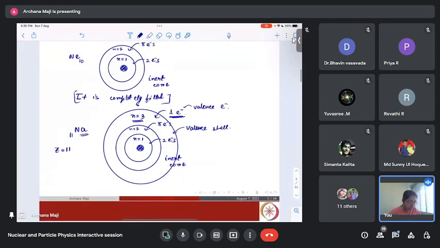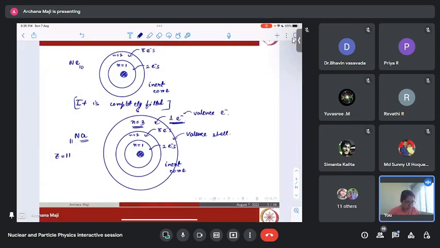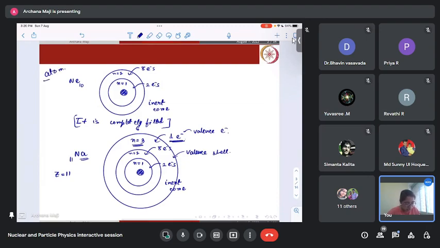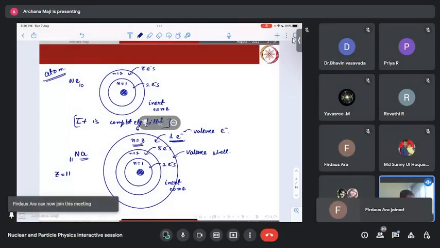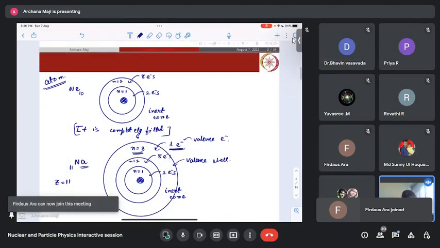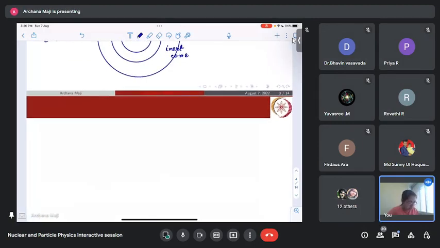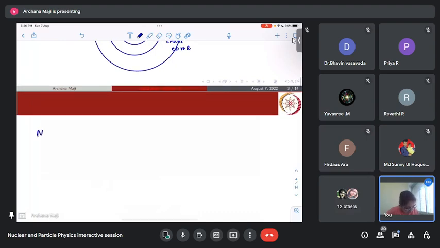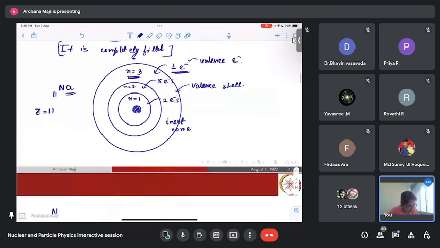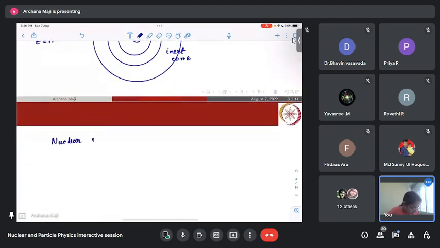Okay. Now this same kind of thing will also happen for the case of nucleus. So so far we are talking about the atom, and these are electrons moving around that nucleus. So if we consider the nucleus, this same picture should also hold. That's what the claim is. And that is what will be called the nuclear shell model.